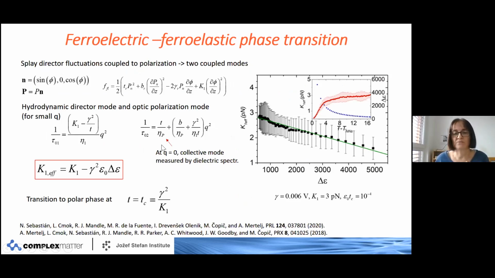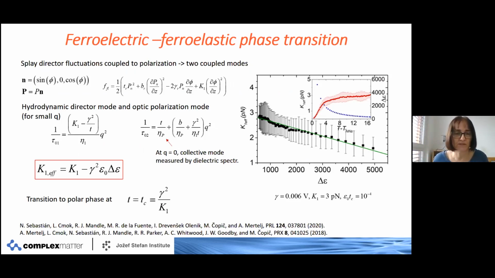The polarization mode is measured when the Q is 0 in the dielectric spectroscopy. This is the collective polarization mode. The director mode, the hydrodynamic mode, is very similar to the usual Splay mode.